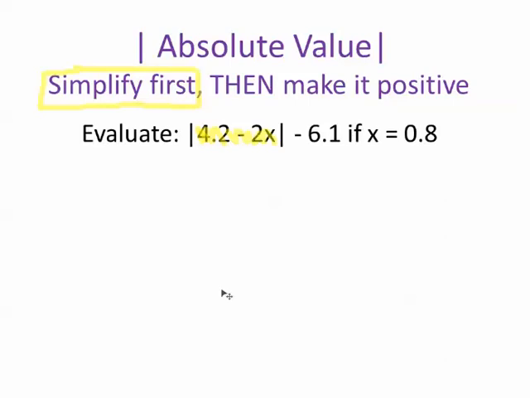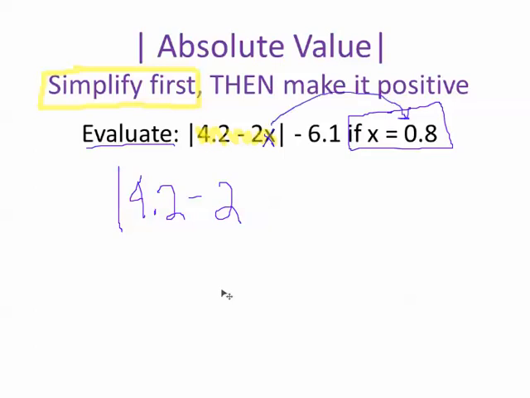Well, this problem's asking us to evaluate, and when we evaluate, they always give us a value to put in for the variable. So I'm going to rewrite, there's my absolute value bar, 4.2 minus 2, and it has an x here, but I'm being told to replace that x with 0.8.